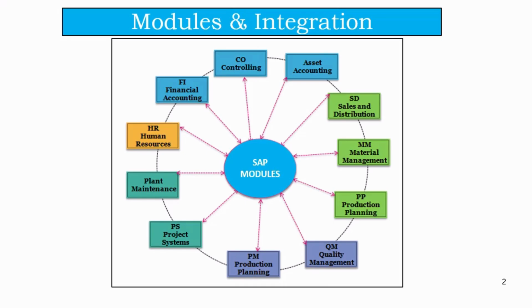Now, SAP's modules. You have finance module, material management module, your production modules, HR modules. In practical terms, you can say these are the departments. These are various departments integrated and controlled from one single source.